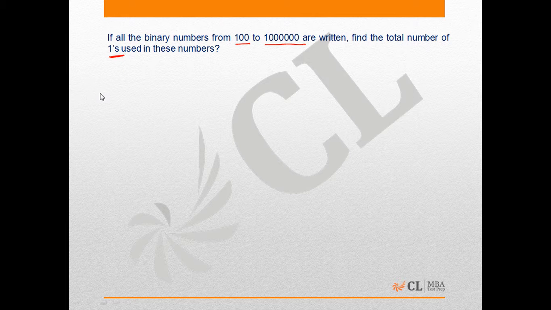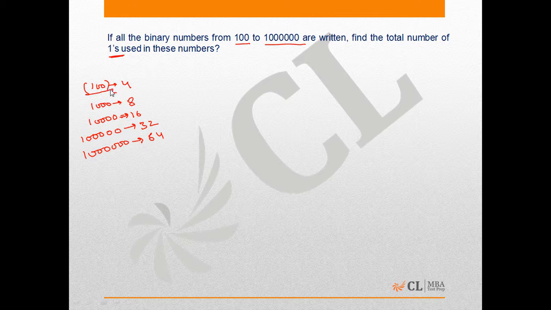Okay, so first check what 100 is in binary. Binary means base 2, right? So in base 2, 100 is 4, 1000 is 8, then 10,000 is 16, and if I put one more 0, this will be 32, and if I put one more 0 again, this will be 64.